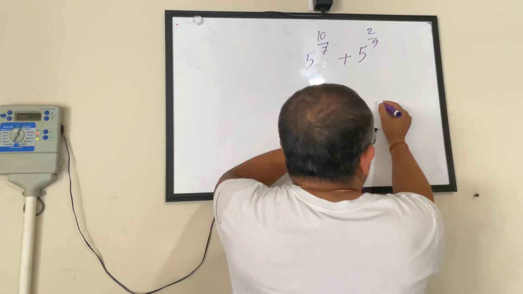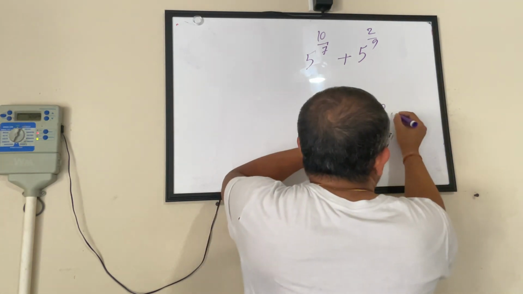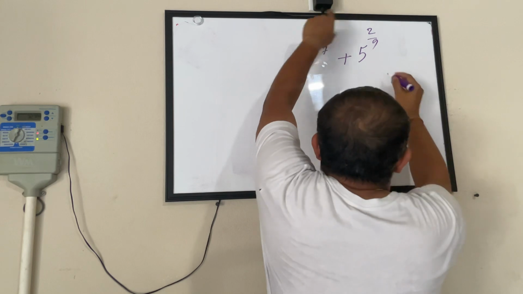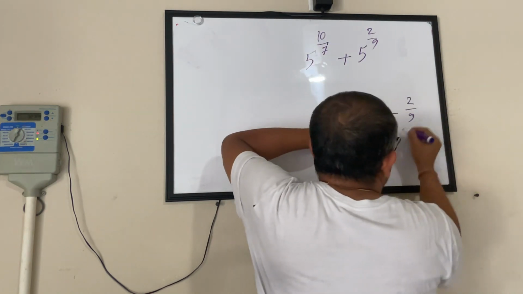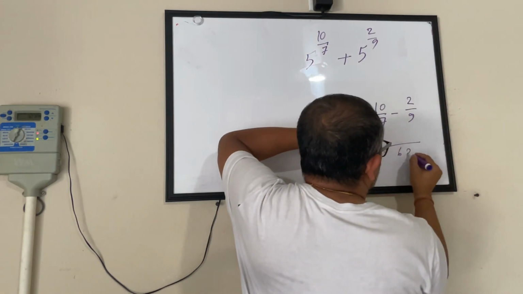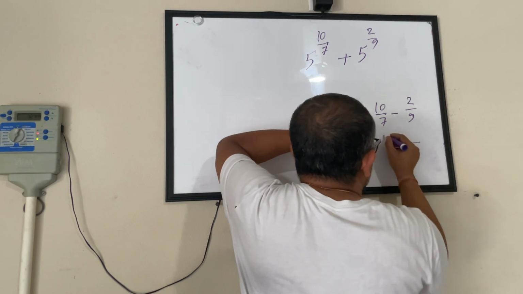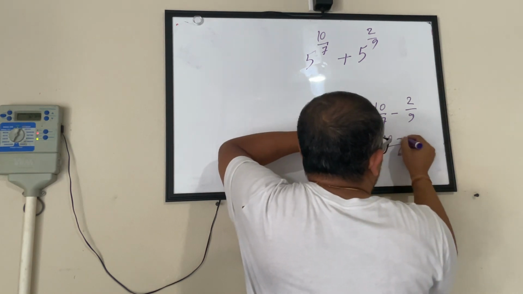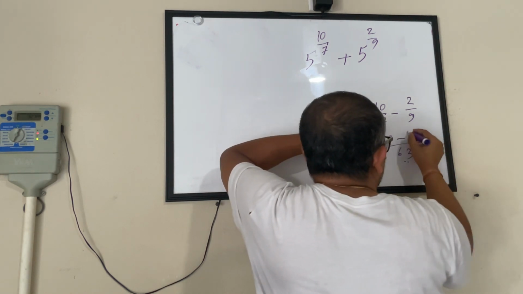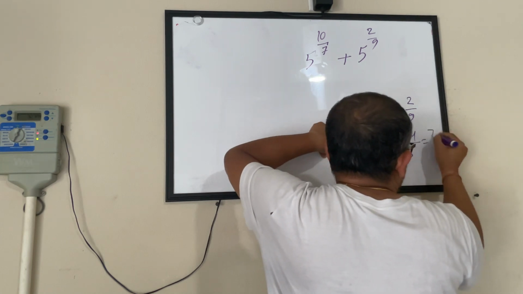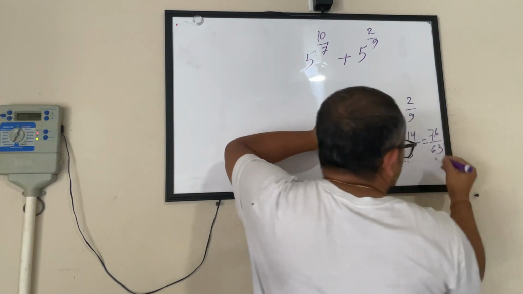So if you remember, what I was doing was subtracting this value from this one. 10 by 7 minus 2 by 9: 7 nines are 63, 9 tens are 90, minus 14 is 76. It becomes 76 by 63.